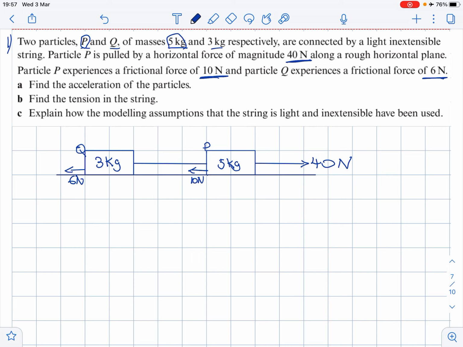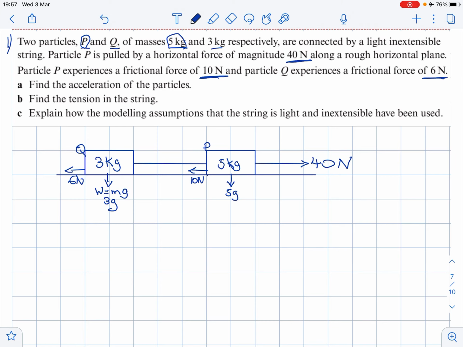So let's fill in our diagram. As we know, the weight is equal to mass times gravity. Weight is going down, so it's 5g. Similarly here, weight is going down, and the weight of this is 3g.